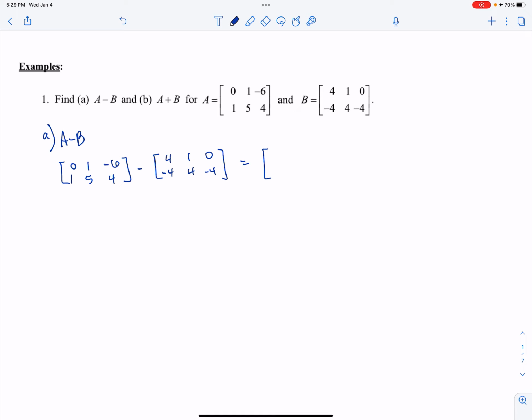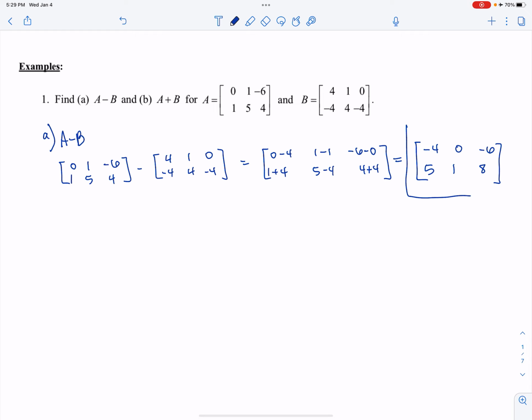Well, we have 0 minus 4, 1 minus 1, negative 6 minus 0, 1 plus 4, 5 minus 4, 4 plus 4. We just subtract each term with the corresponding term. So we have negative 4, 0, negative 6, 5, 1, 8. That's our difference, A minus B.